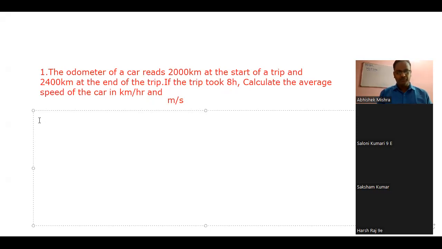Now see, students, first of all, we have to decide what the distance covered is. So in the solution, you will write down, this is the part for the solution.